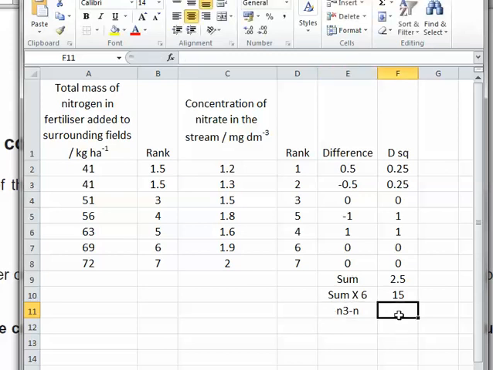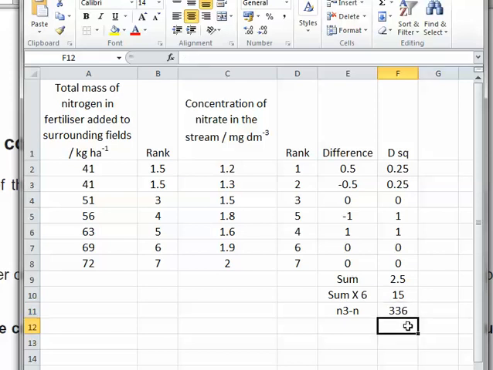So that is 7 times 7 times 7, 7 cubed, and then I've got to take away 7 from that. Minus 7. So that's 336. 7 cubed minus 7.